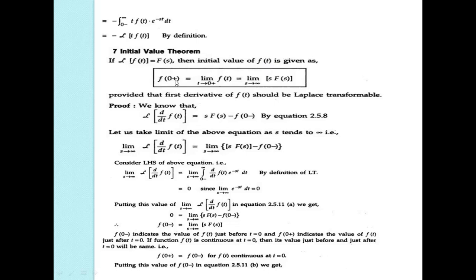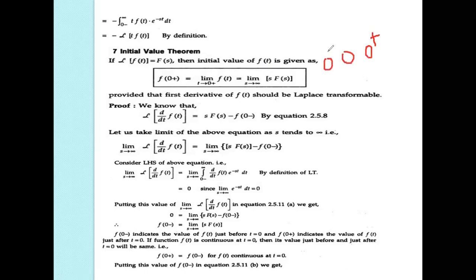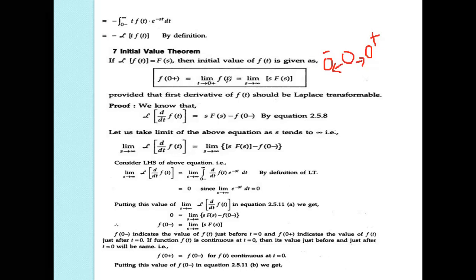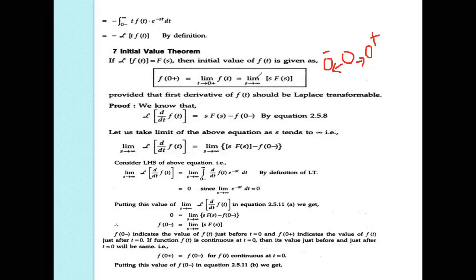Here, what does the 0 plus mean? 0 plus is just above the 0. There is 0, 0 plus and 0 minus. Just below the 0 is 0 minus, just above the 0 is 0 plus. So f of 0 plus is equal to the limit t tends to 0 plus of f of t, that is equal to the limit s tends to infinity.